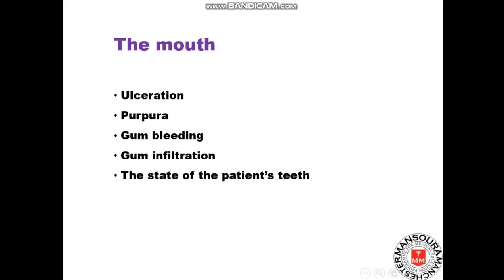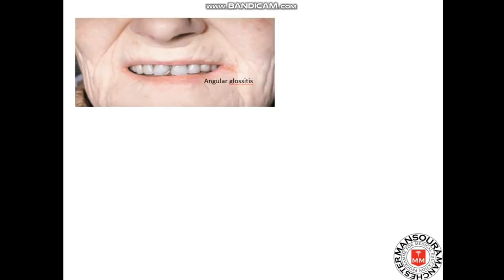Gum infiltration occurs in leukemia, with patients presenting with gum hypertrophy. The state of the patient's teeth gives knowledge about causes of the abnormality in this patient. For example, bleeding and smoking lead to blackness of the teeth.